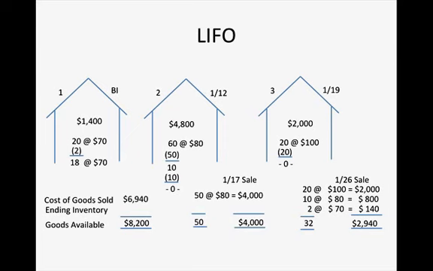Ending inventory is calculated by taking the 18 units left in garage 1, or beginning inventory, times the $70 per unit. Notice that since the cost per unit is going up with each purchase, $70, then $80, and finally $100, the cost of goods sold is higher in LIFO than it is in FIFO.